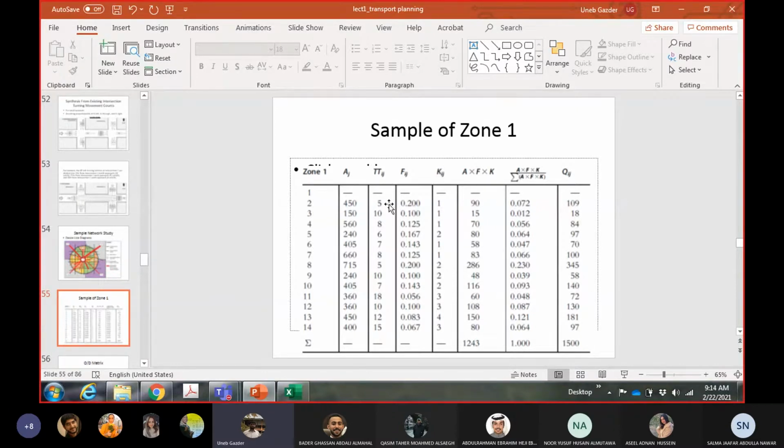Now I have these adjusted numbers. Then I have the travel time, and they have already calculated the F factor here, so I will directly write down the F factor, which is the inverse of travel time, we know it.